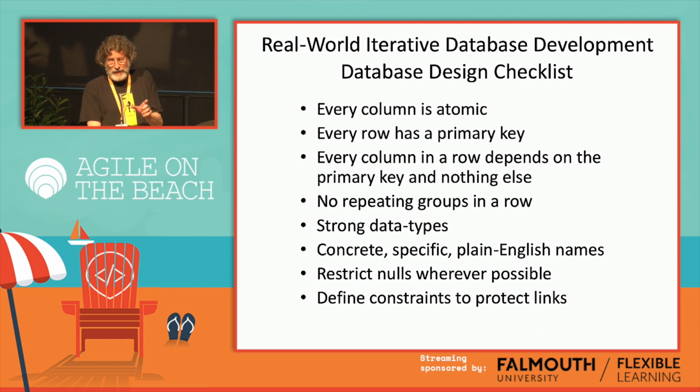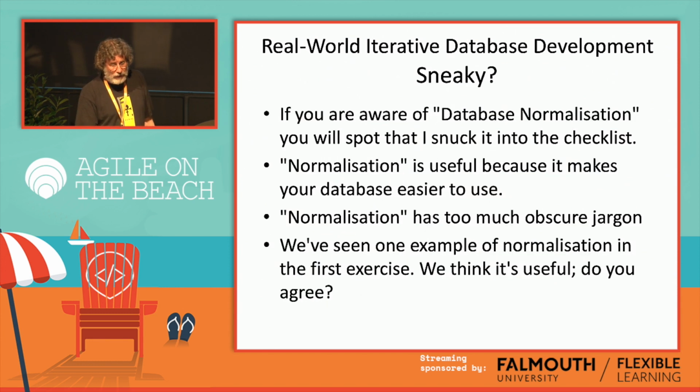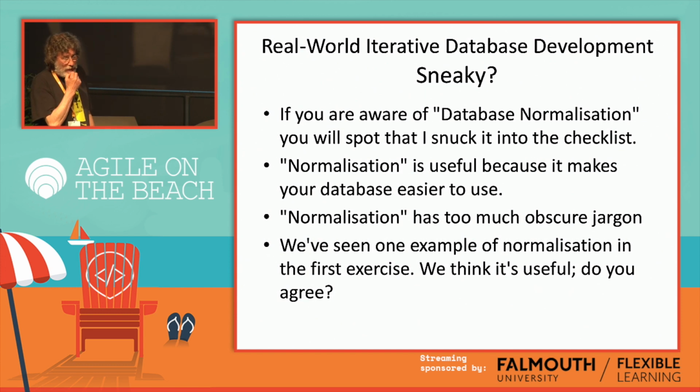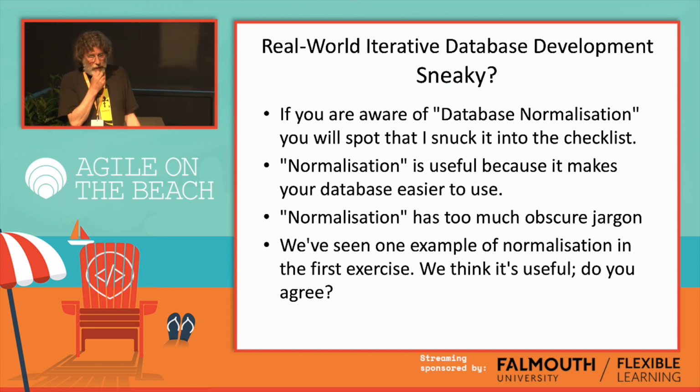You need to know what's behind these little four-word statements, but it's not too difficult to learn, and it's fairly intuitive, I think. Those of you who've heard of database normalization will spot that the first 4 of those things were things in the checklist about database normalization. It's useful because it makes your database easier to use.